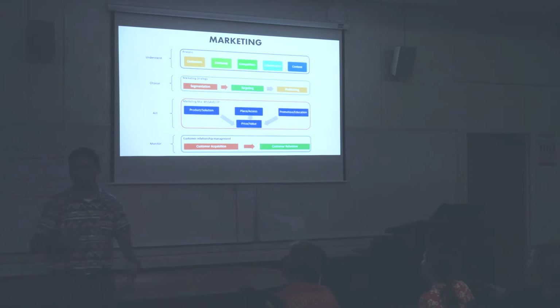Then your collaborators, which means your suppliers, partners, and the business suppliers, okay? Context means all of the external factors like technological factors or politics, economy, all those things, okay? We call it the 5C of marketing because it all starts with C, okay?